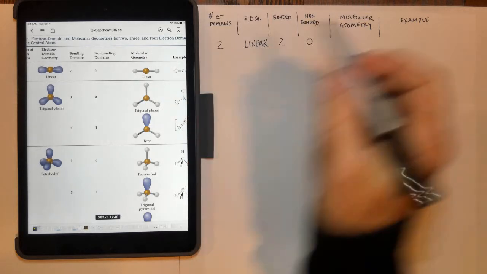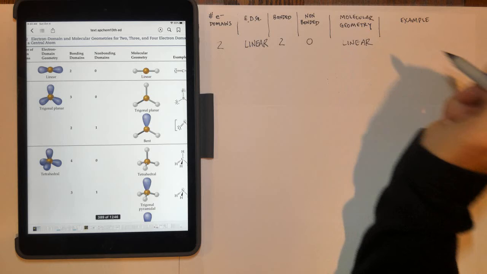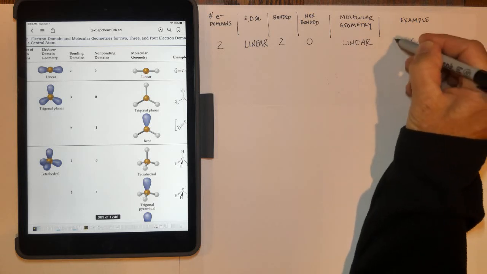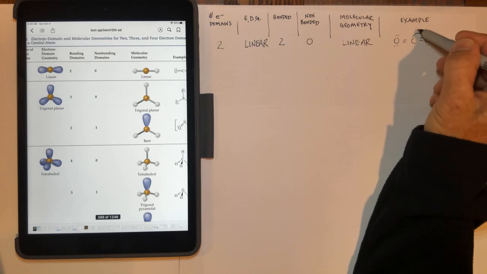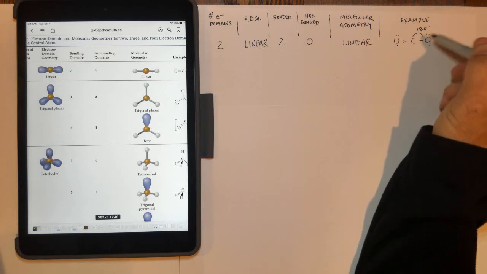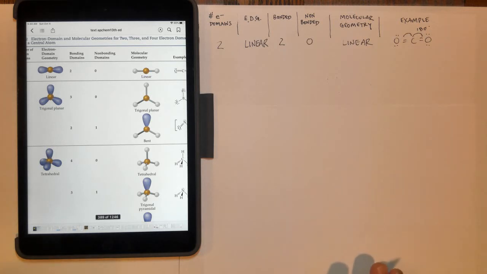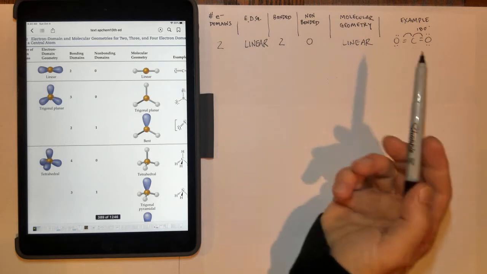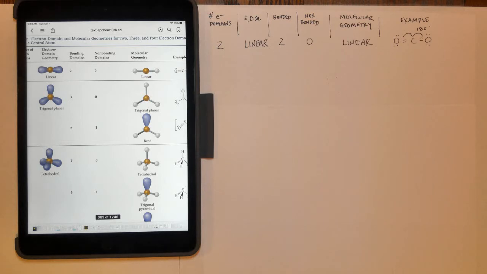And the molecular geometry has the same name because there's only one member of the family, called linear. An example would be carbon dioxide. So around the carbon atom, we have a bond angle here of 180 degrees, and then we have a bond angle here of 180 degrees. So that is the first molecular geometry, linear, coming from the family of electron domain geometry called linear.